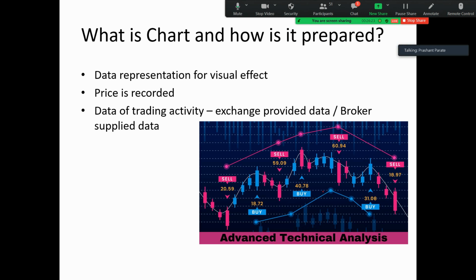Data of intraday trading activity and monthly, daily, all trading activities provided by the exchange or broker are plotted and the chart is formed. So there are timestamps, price and volume. These three things are important and these are plotted from NSE. Then there are many different indicators which are derived from these three data.